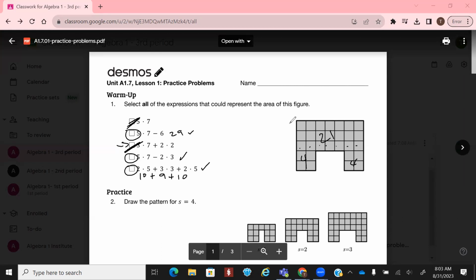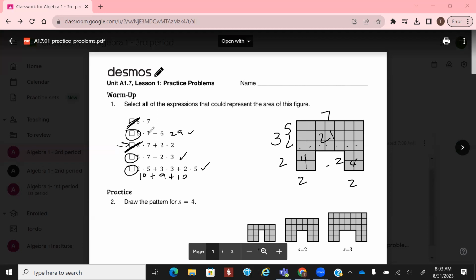But let's look at it. This is a 3 by 7, right? And then we have two 2 by 2s. Okay, so we have a 5 by 7, and then we subtracted 6. Why did they do 5 by 7?